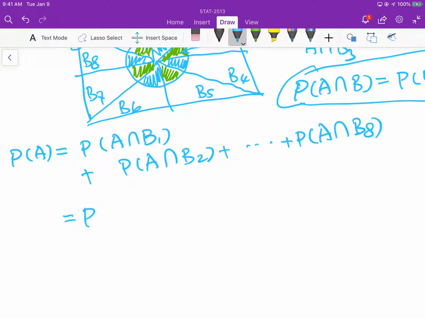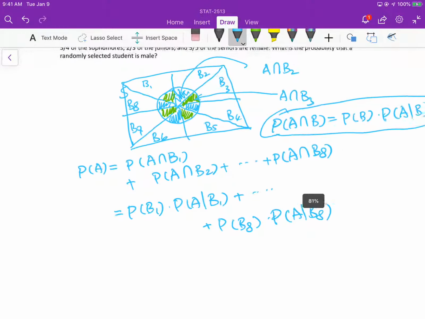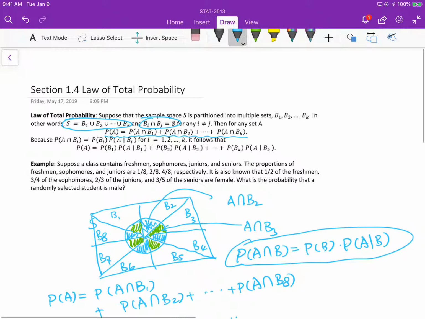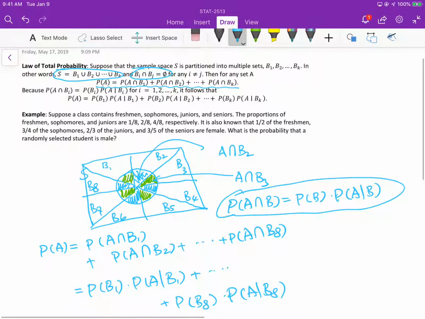So the probability of A equals the probability of B1 times the probability of A given B1, plus up to the probability of B8 times the probability of A given B8. This explains the formula we listed here.